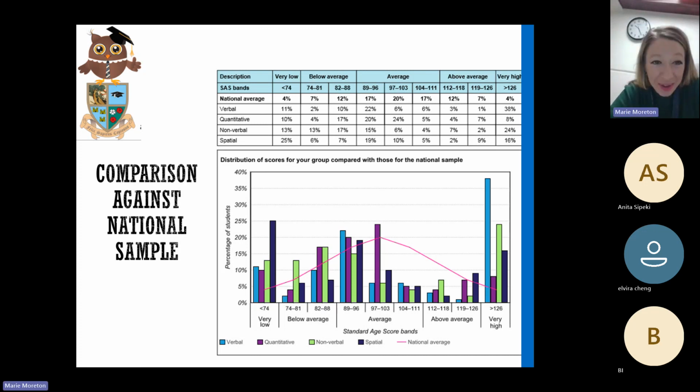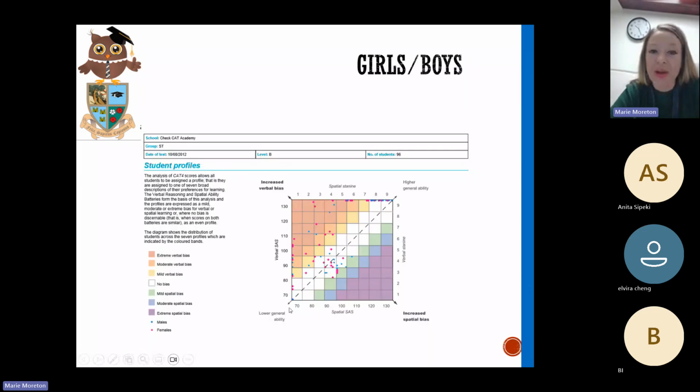It tells us things like this as well. So if everyone's was balanced, so they scored 100 for verbal, 100 for spatial, 100 for quantitative, 100 for non-verbal, so they're even across the board, then they would be on this line here.